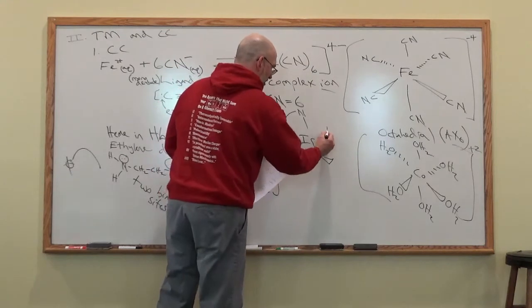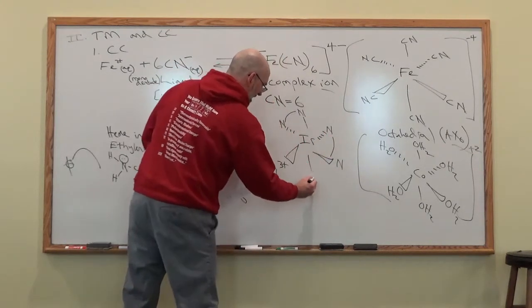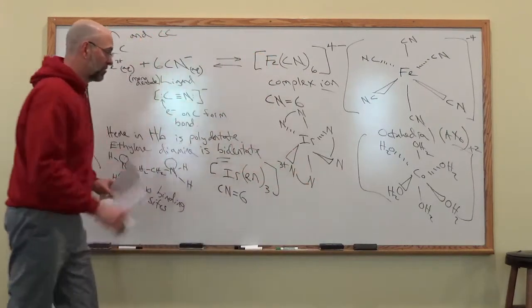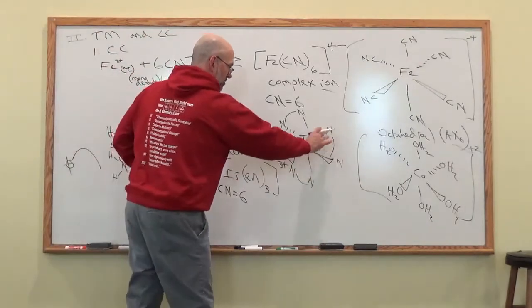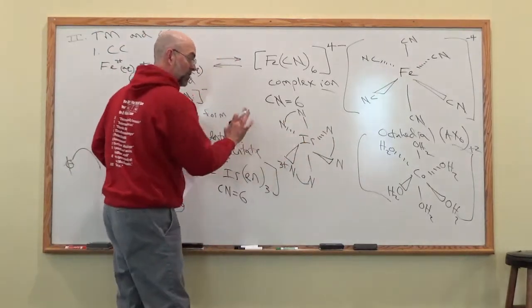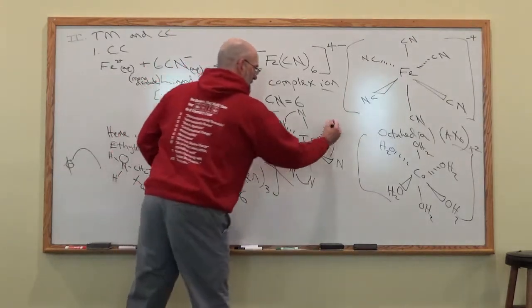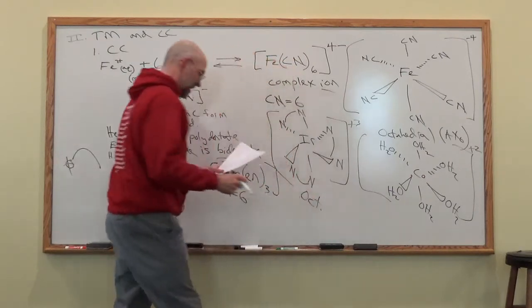We could have another ethylene diamine grabbing here, and another ethylene diamine grabbing here. When I say grab, it's grabbing in 2 different places. Again, you wouldn't want these going 180, so choose ones that are 90 degrees apart. There's a couple different ways to draw these. So, whoa, getting messy. This whole thing would have +3, and this would also be octahedral.